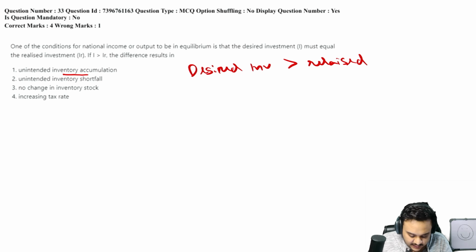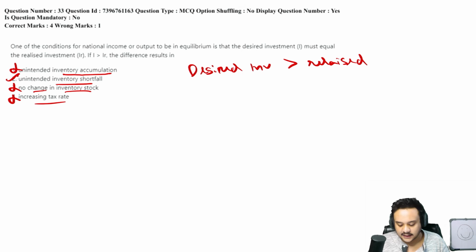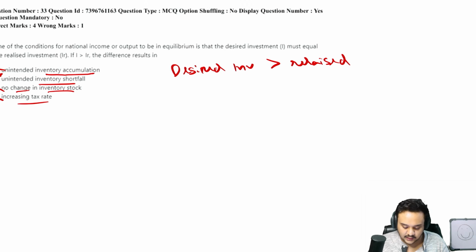Will there be inventory accumulation? No. Will there be inventory shortfall? Yes. Will there be no change in inventory stock? No. Will the tax rate increase? No. So this is the only option that makes sense, and that is also the answer. So let us move on.